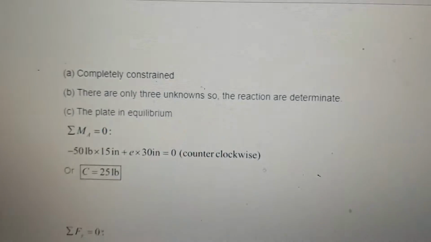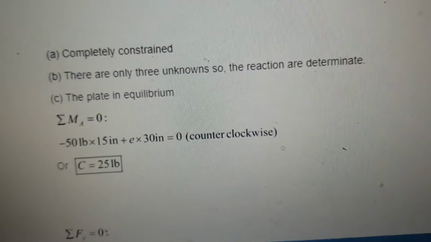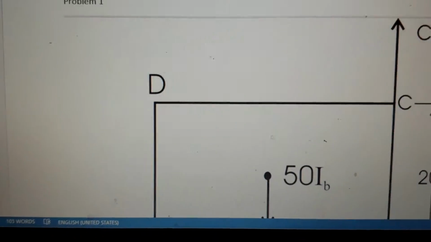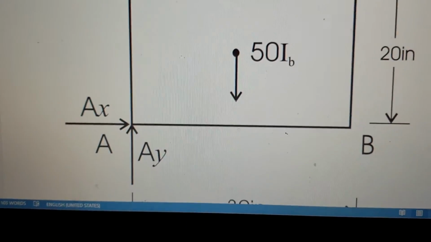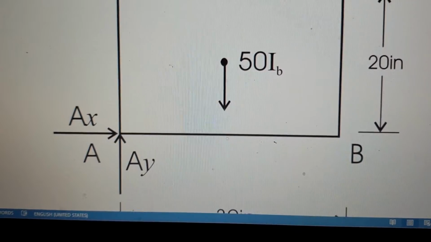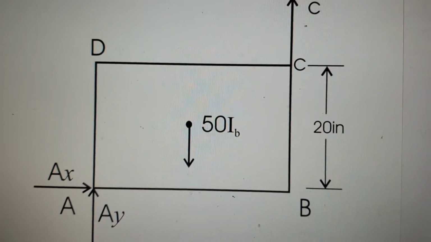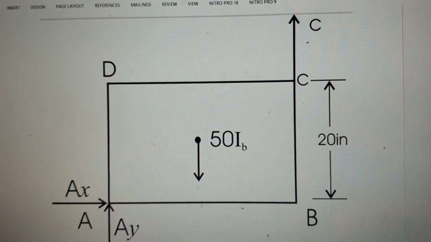Okay, let's look at this. First of all, let's look at the graph. How many unknowns do we have? Remember, before we start this, we have three equations: summation of forces in x equal to 0, summation of forces in y equal to 0, and summation of moments equal to 0.